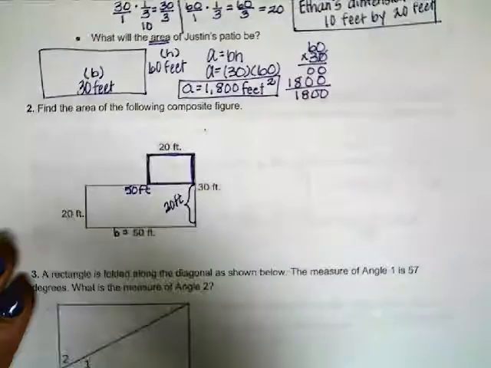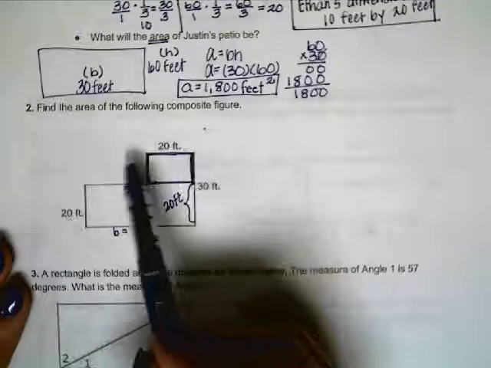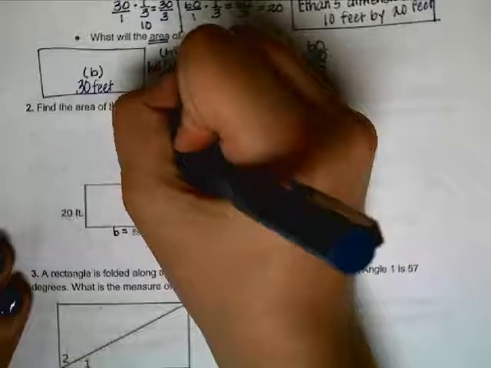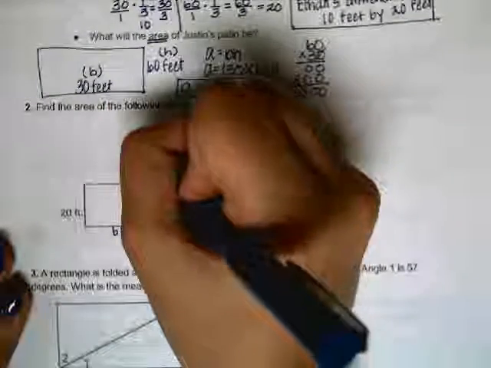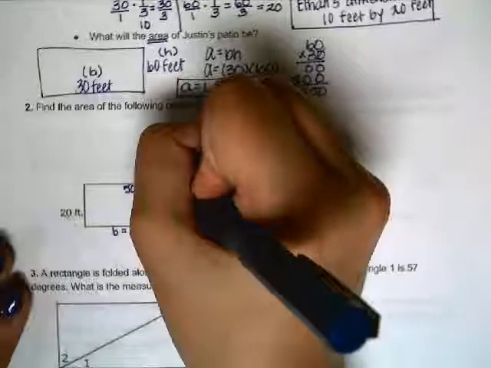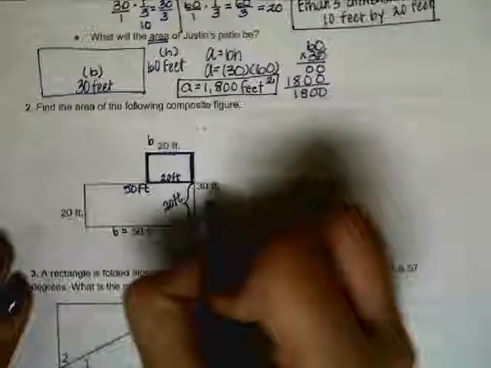Now, the smaller rectangle only gives us a length of 20 feet. That gives us a base. Our base is 20 feet. That means the bottom base is also 20 feet. But we're not given a height. Not exactly. We are given this 30 feet.